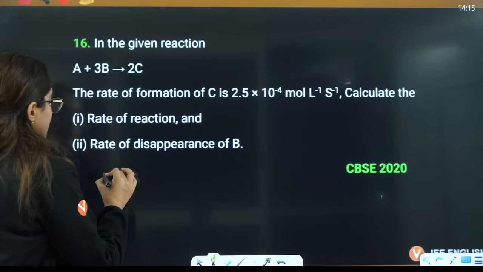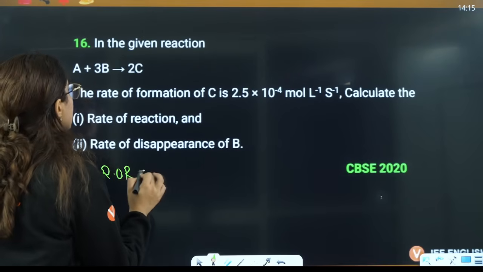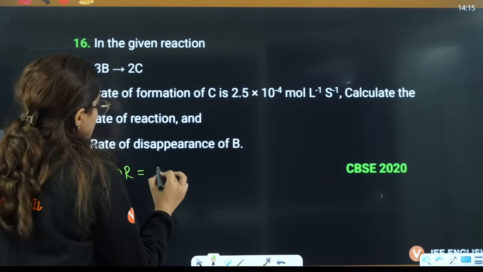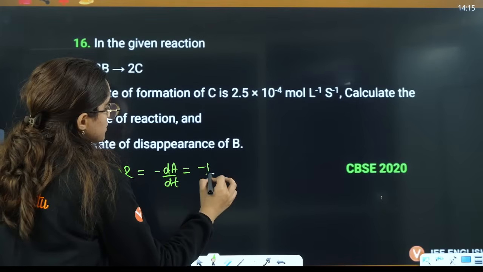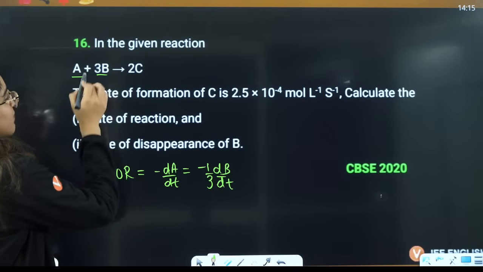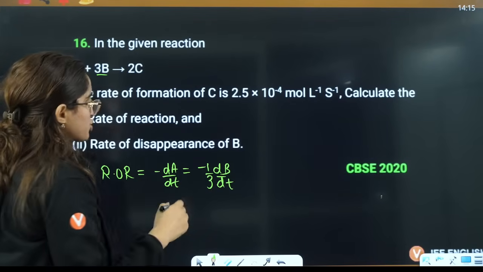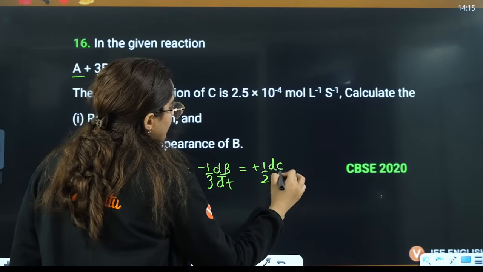So in this case, rate of reaction, in terms of A it is minus dA by dt, in terms of B it is minus 1 by 3 dB by dt, because reactant is always minus and it is always divided by stoichiometry. Product is plus 1 by 2 dC by dt.